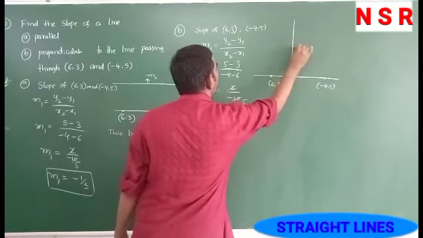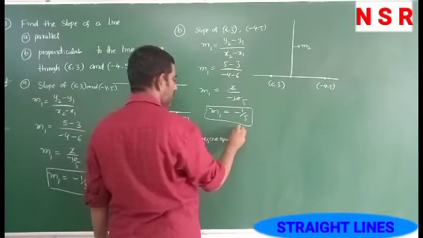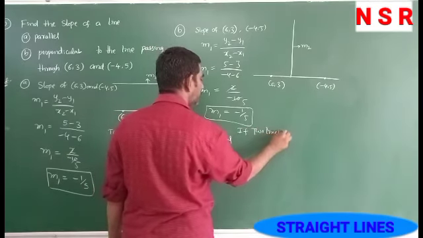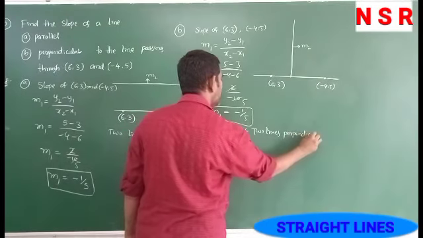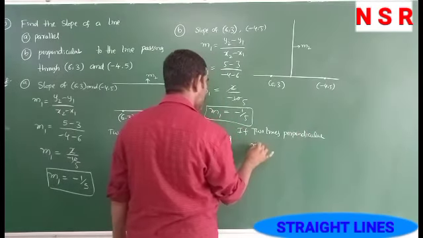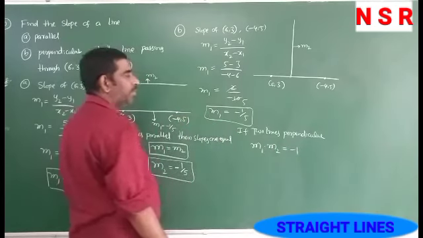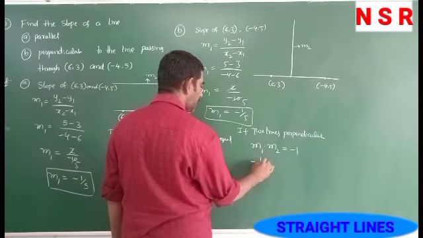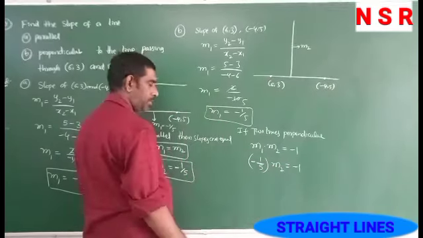Now consider this is m2, but these two lines are perpendicular. So if two lines are perpendicular, we have a condition: product of slopes equal to minus 1. Now m1 into m2 equal to minus 1, already we get m1 value, substitute here minus 1 by 5 into m2 equal to minus 1.